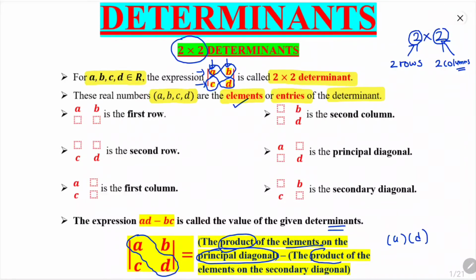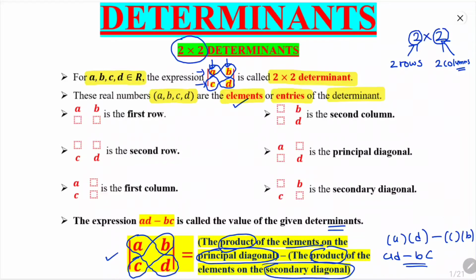Minus the product of the elements on the secondary diagonal. What is secondary diagonal? Yes, this is secondary diagonal. So product of these two, c and b. So ad minus bc is the value of this determinant.